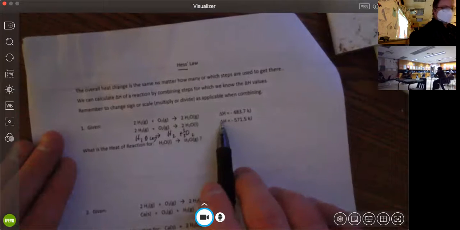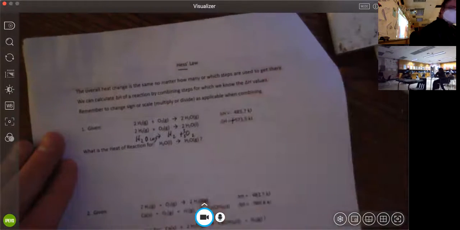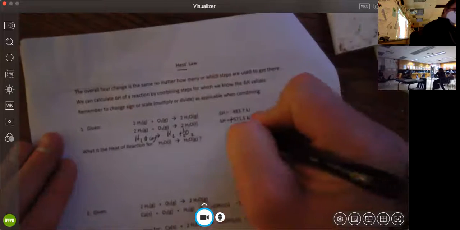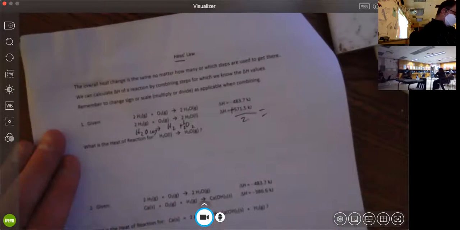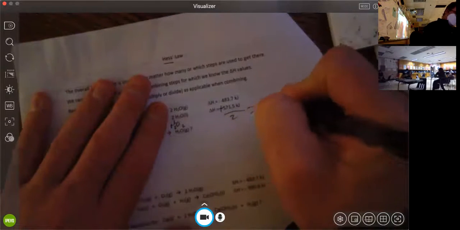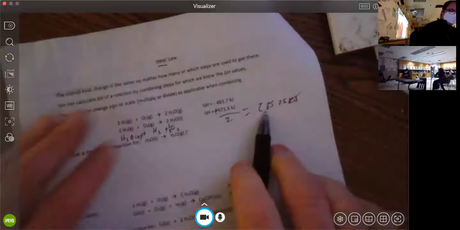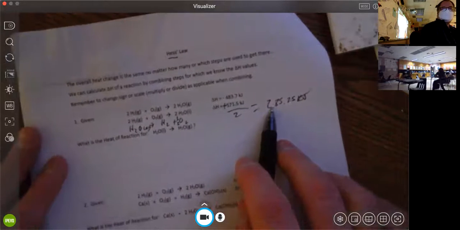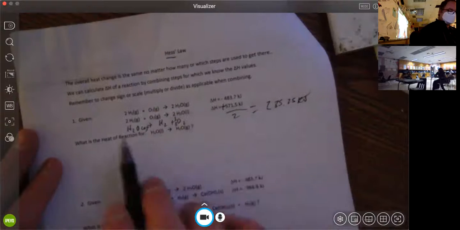Since we've switched it, we switch the sign. Since we've divided it by 2, we divide the value by 2. 571.5 divided by 2 is 285.75. So now it is positive, and it is half of what it used to be, because instead of having 2 moles of H2O liquid, we only have 1 mole.